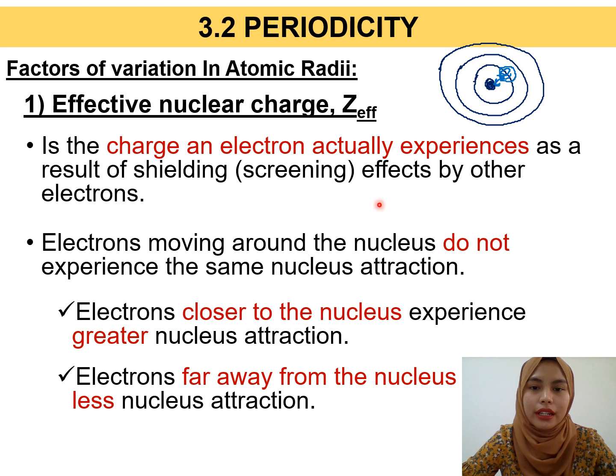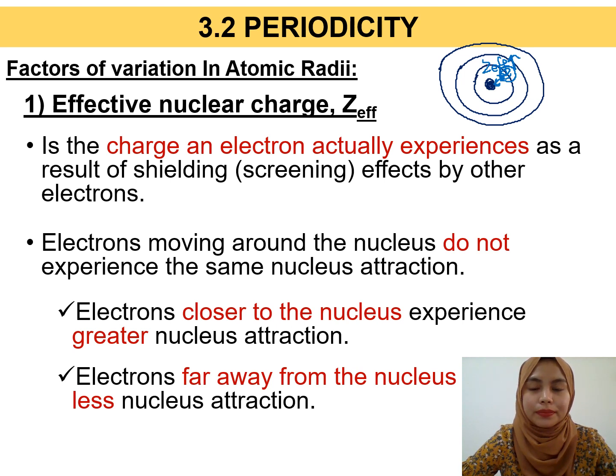Because when an electron is close to the nucleus, it will experience a greater nucleus attraction. When it experiences greater nucleus attraction, therefore ZEF, the effective nuclear charge for this electron, is greater as well.